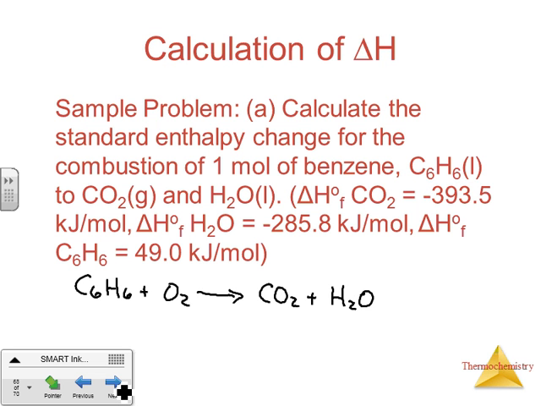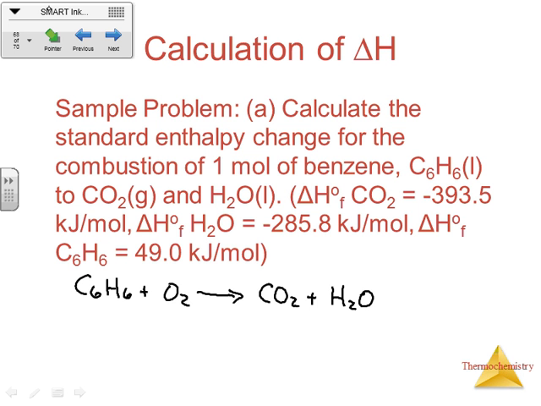Okay, now it's important that we know the coefficients in this chemical reaction because that's going to tell us what to multiply by when we calculate our heats of formation. So on this one, let's see if I put a 6 here, I'm going to have to put a 2 here, it looks like.